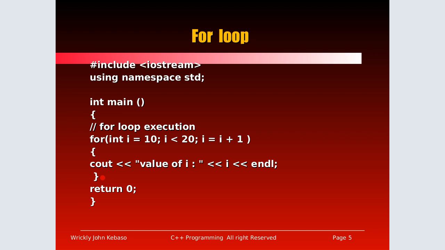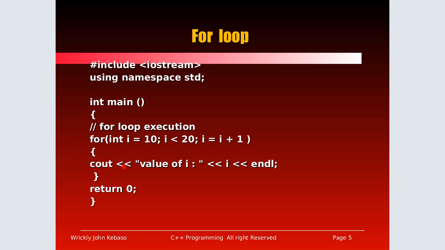Then after that, we have a statement for communication purposes. Like now, for you to communicate effectively the use of this program, you put the statement which is going to appear, like "value of I". Actually, when the program runs, cout will not be seen.